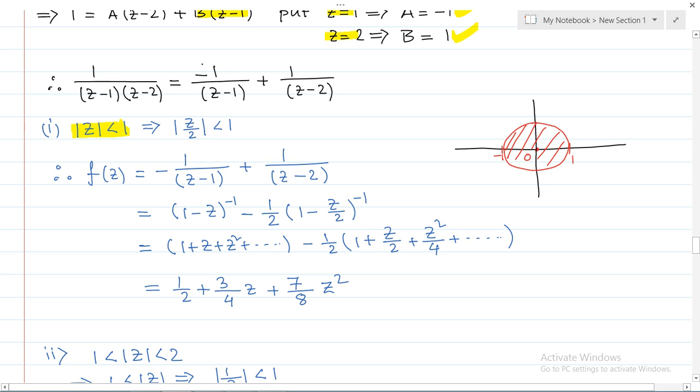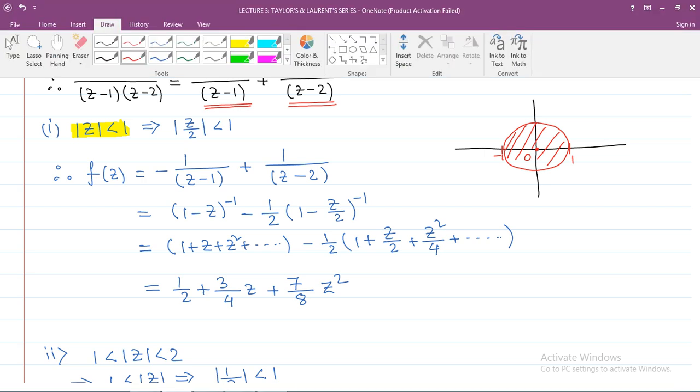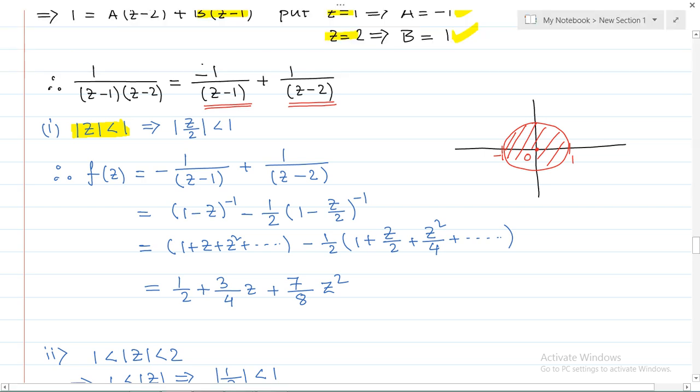So since two factors are there, z minus 1 and z minus 2, how are we going to decide? This is the very important part. Please listen carefully. For the case of modulus of z less than 1, if I divide by 2, that value will be smaller.